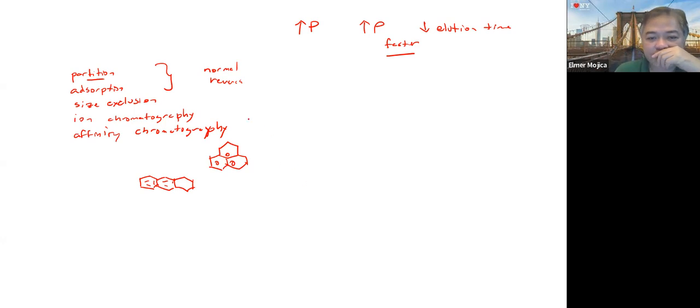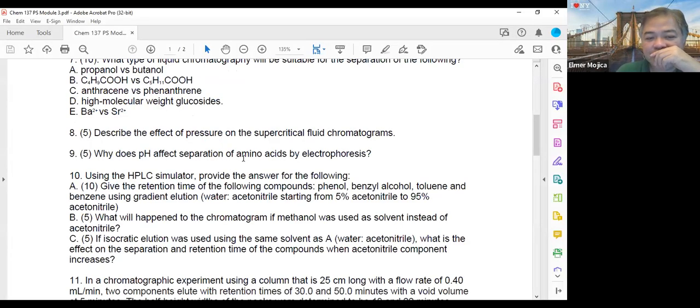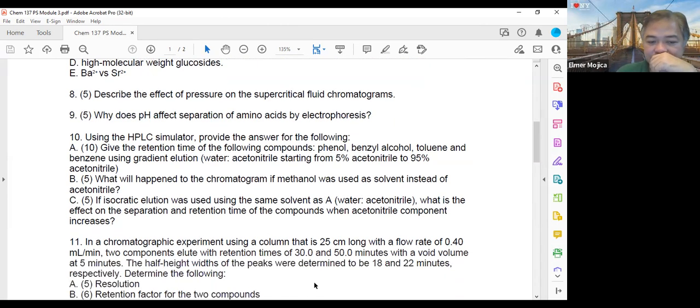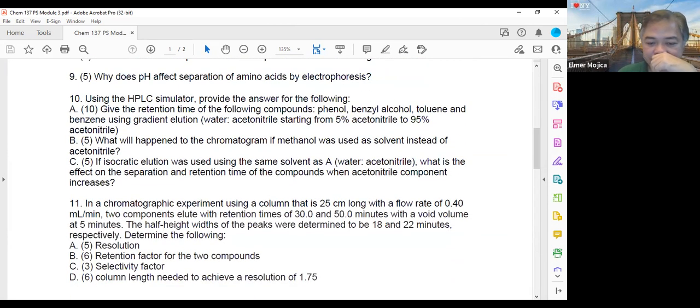Now, the next one that we have here, the effect of the pH. So how does the pH affect the separation of amino acids by electrophoresis? Ano yung principle ng electrophoresis? Anyone?